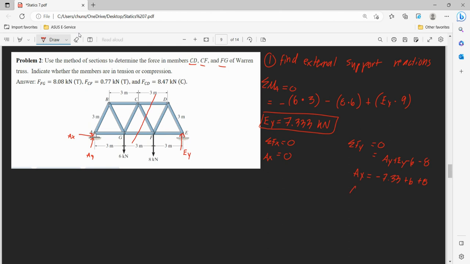And this would be AY is equal to 6.667 kilonewtons. And that is the right direction for it. So both these are pointing upwards.